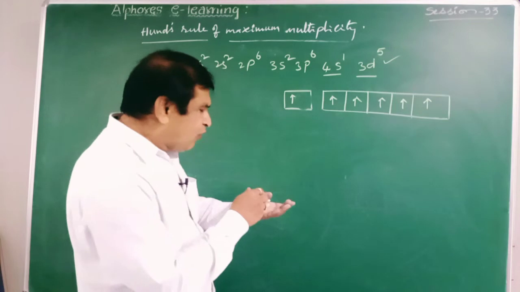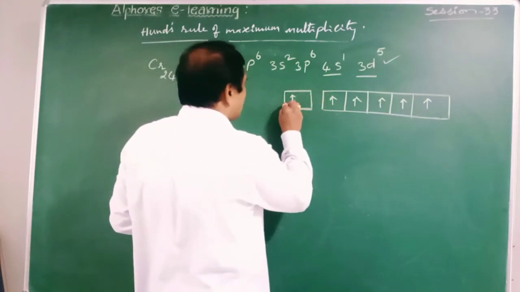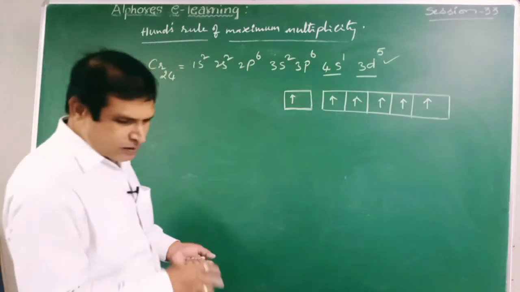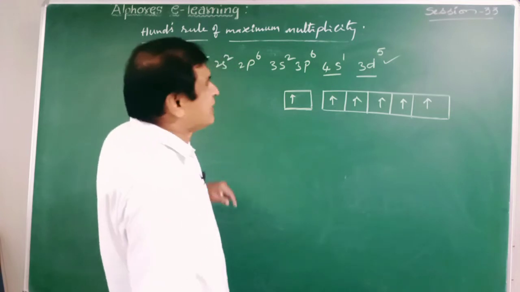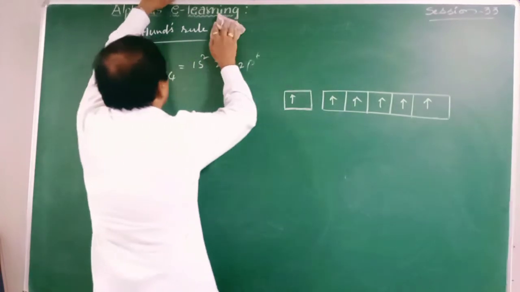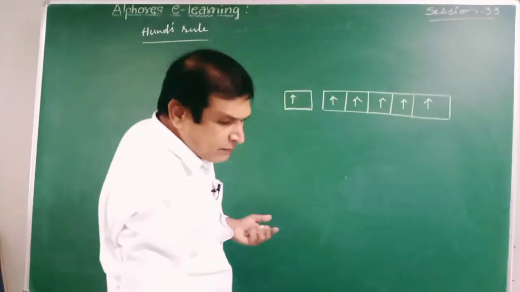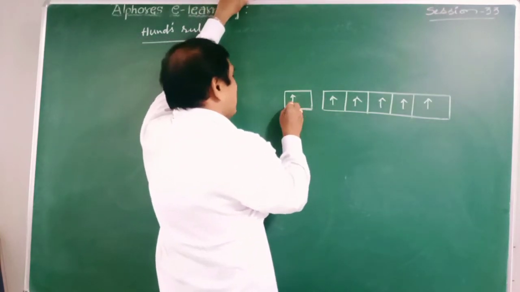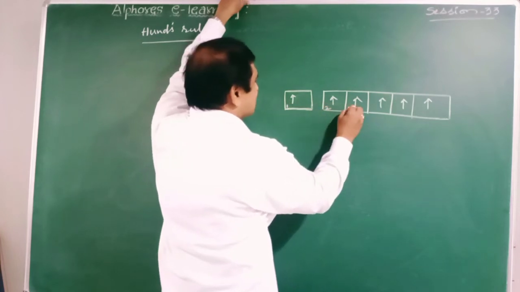Let us see how it shows exchange energy. How many exchange pairs are possible with the 4s1 3d5 configuration? Let us work it out. Say this is electron 1, the first electron, then the second electron, third electron.